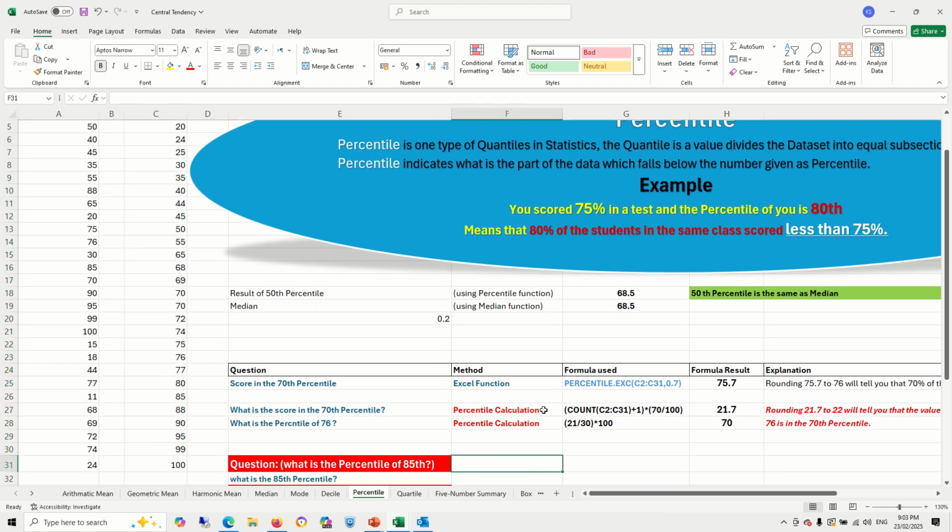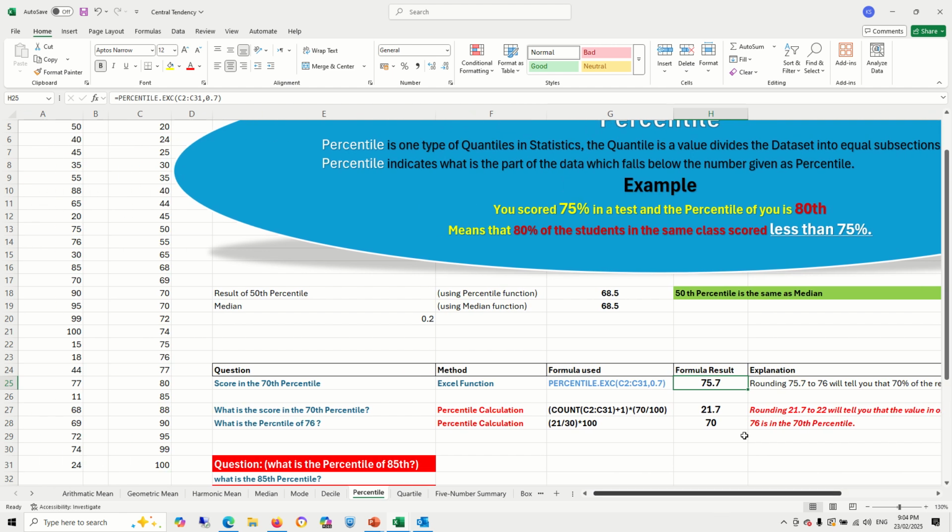We are going to calculate the score in the 70th percentile using an Excel function. So we will apply PERCENTILE.EXC, the same one we applied in decile, and the result will be 75.7.